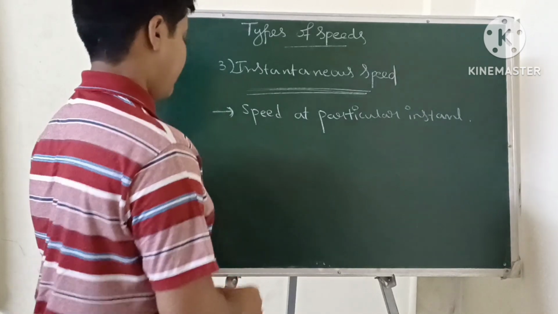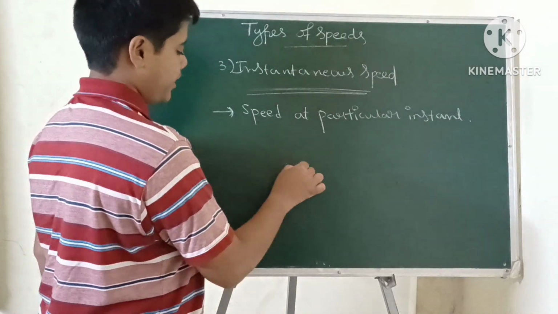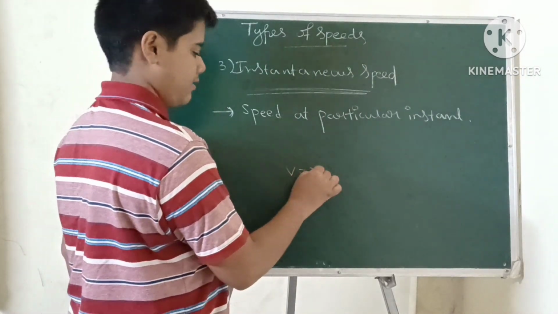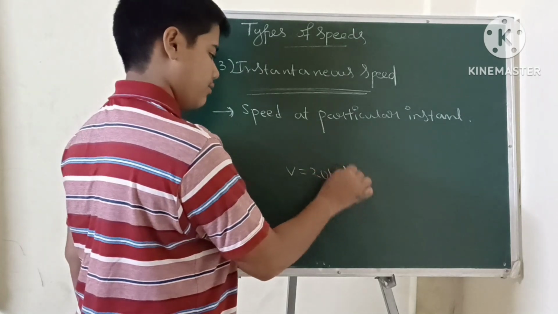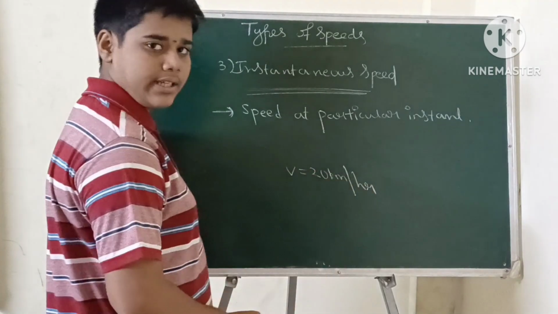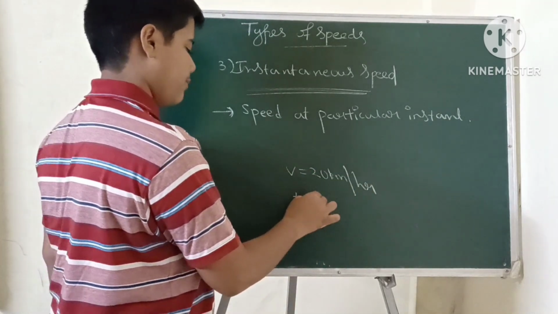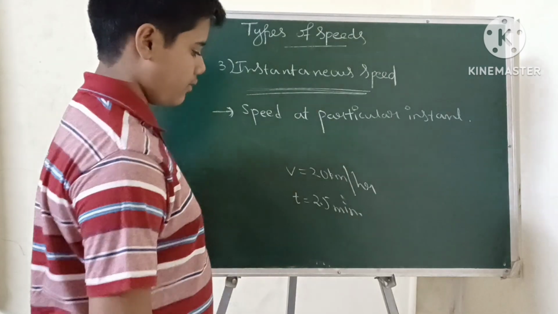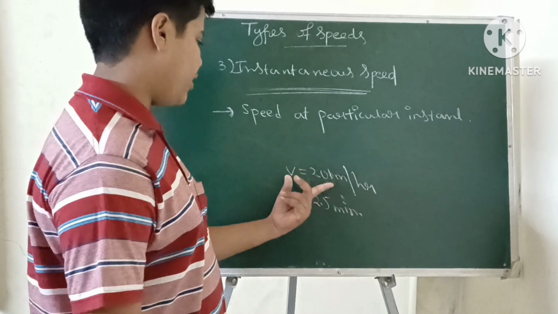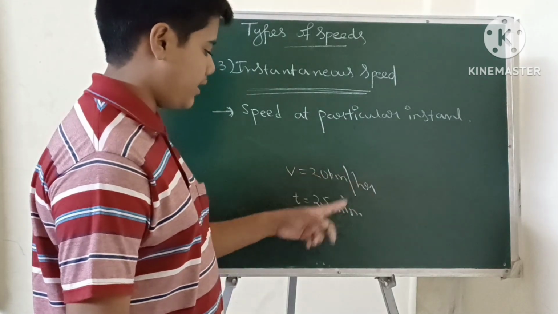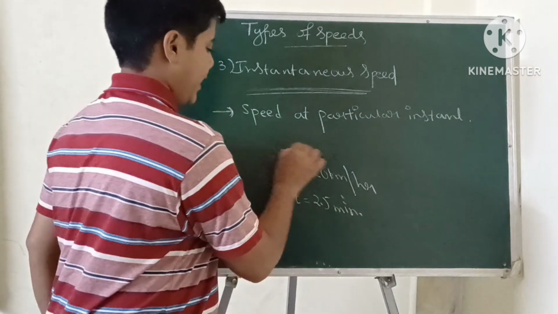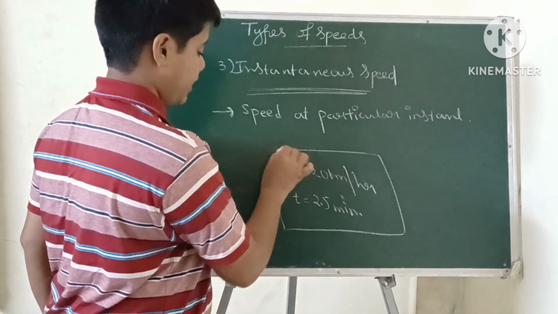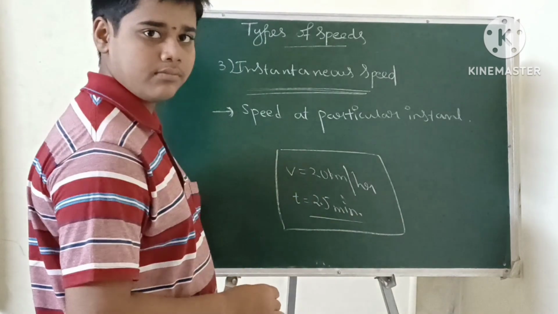Means here I have taken speed as 20 kmph, and time is 2.5 minutes. 20 kmph in 2.5 minutes means I have taken speed at particular time.